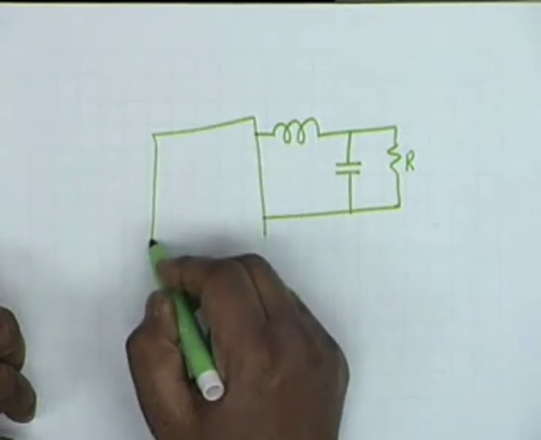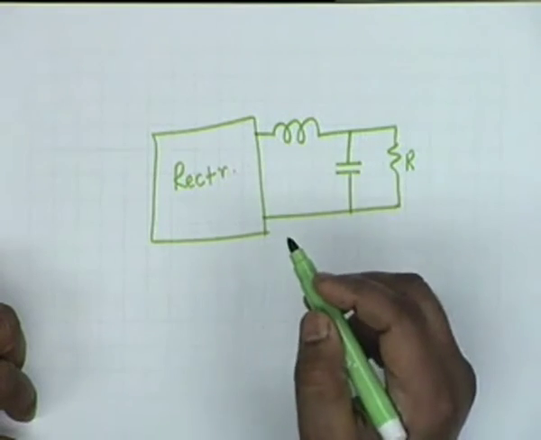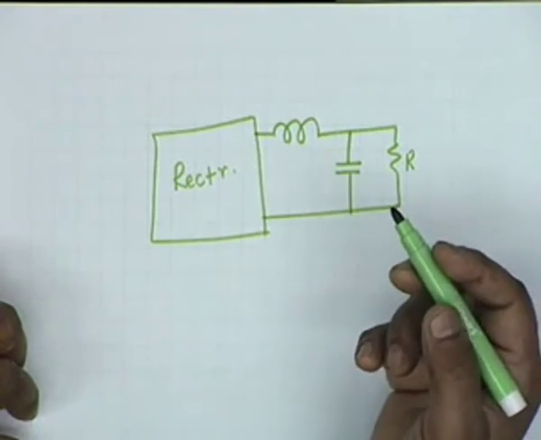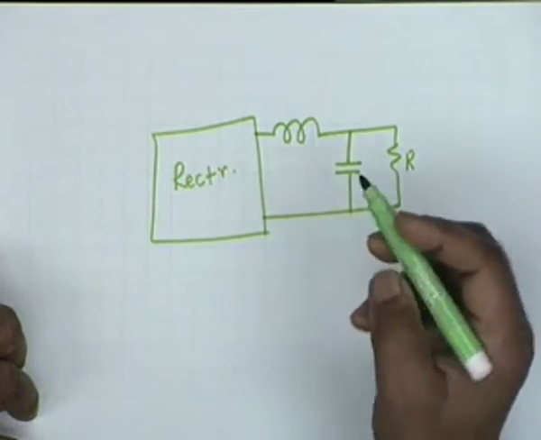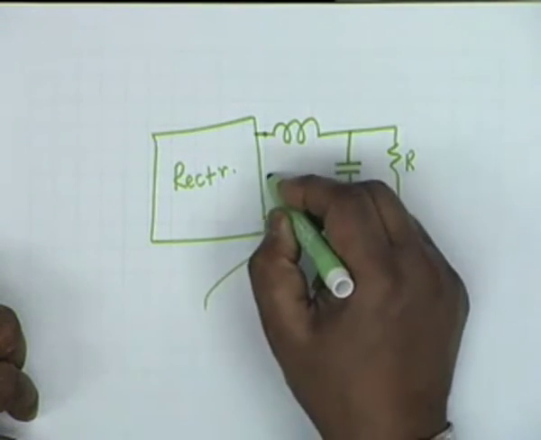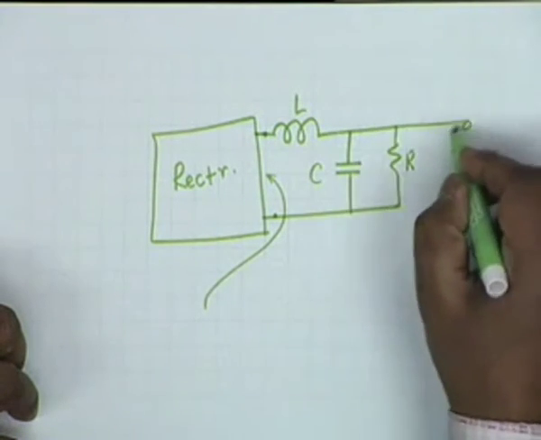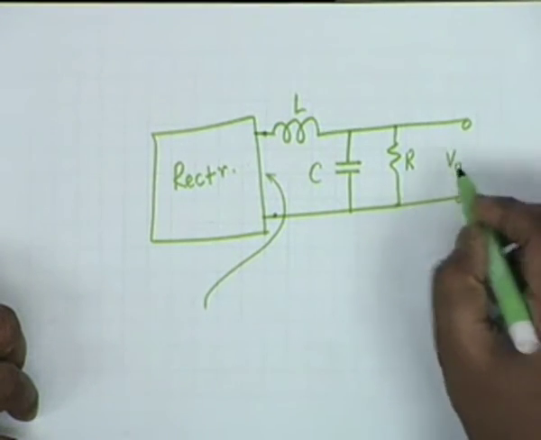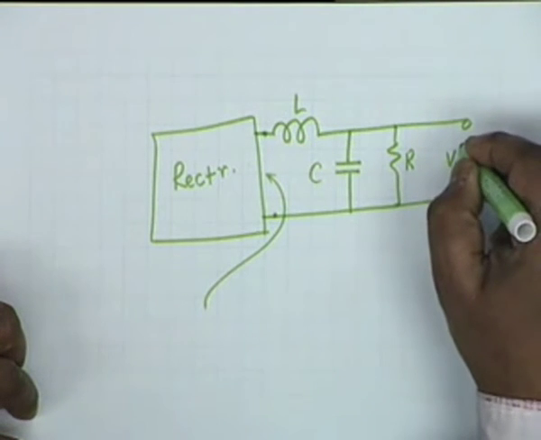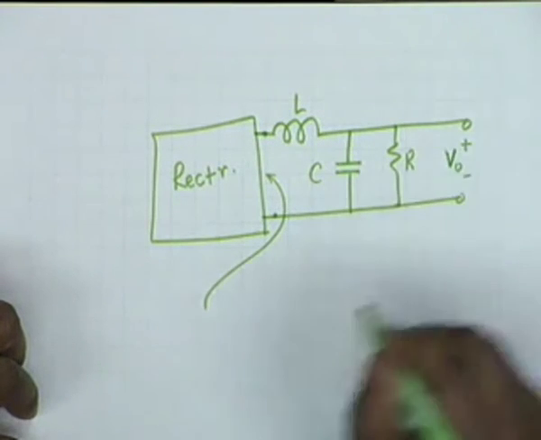So what we have is the transformer rectifier combination. We call this a rectifier. And then at this point, this is L, this is C, that is R. And this is my V0, the output voltage.